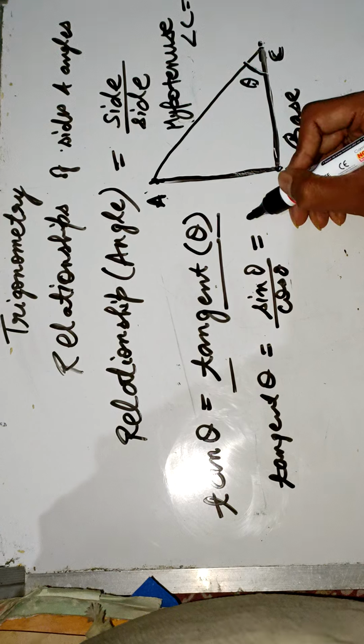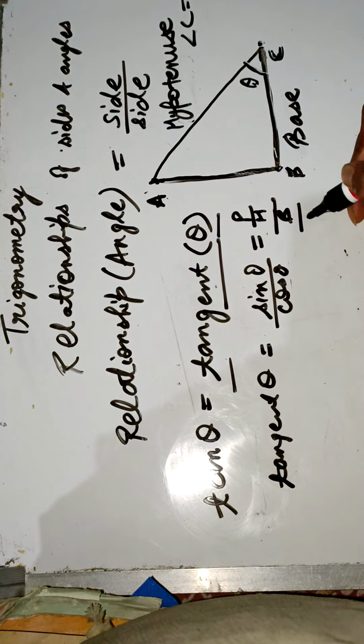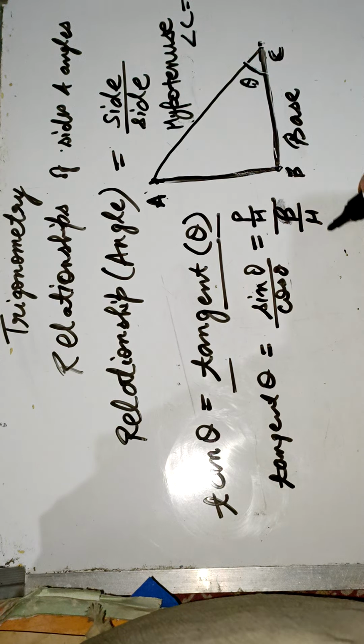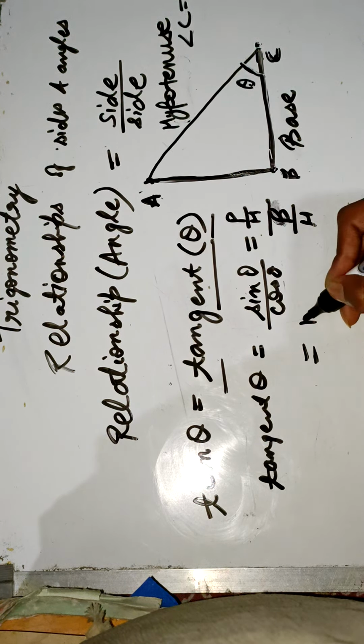So it is equal to P upon H upon B upon H. By cancelling hypotenuse we get perpendicular upon base.